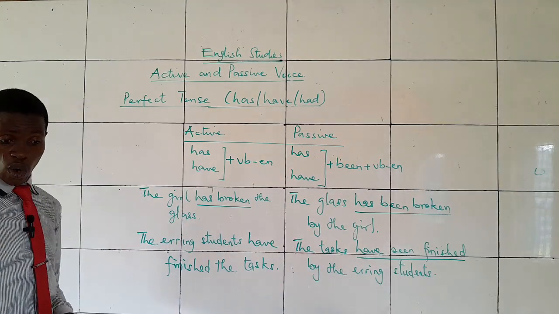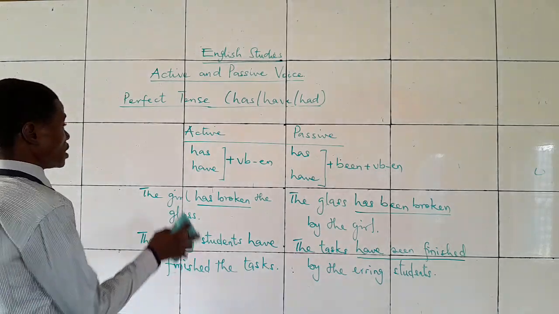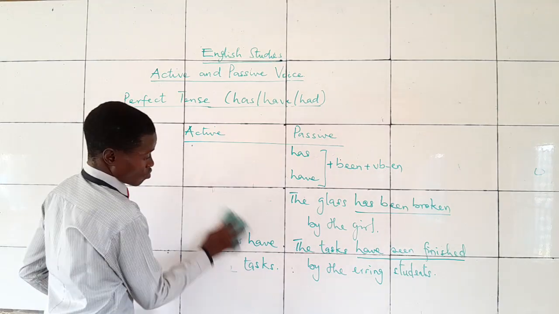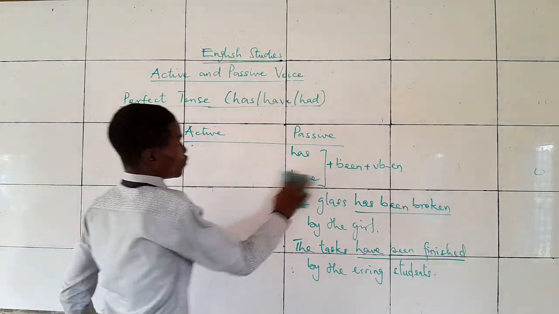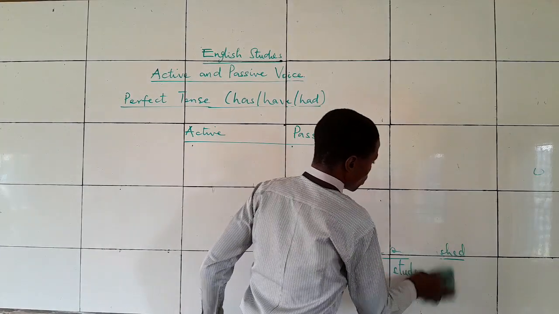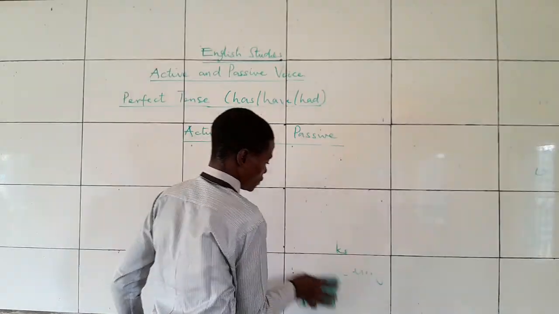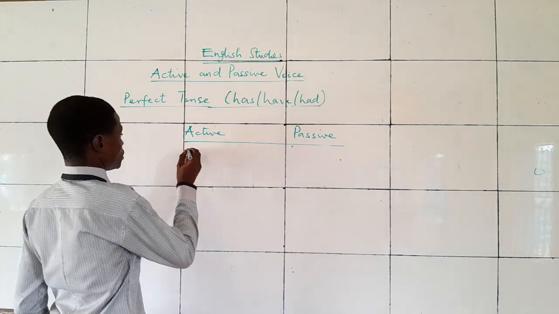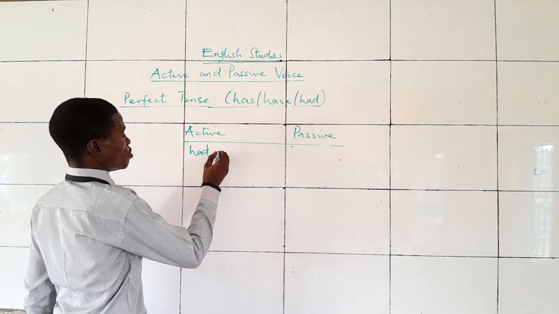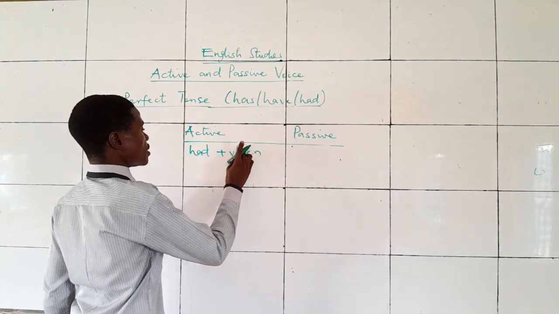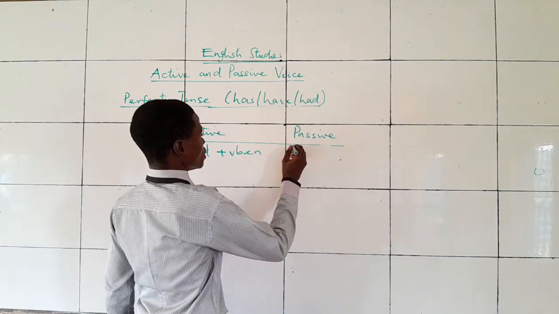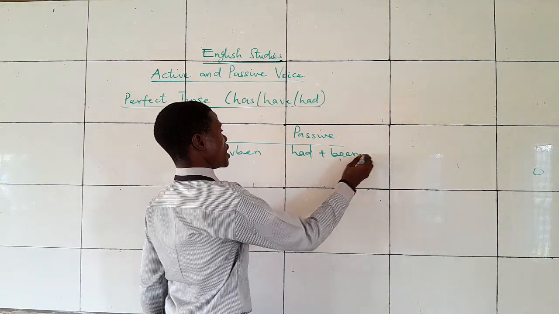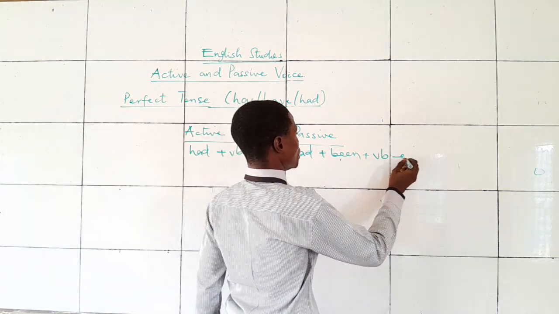Now, the next one that looks like that is how to convert the past perfect. If you want to convert the past perfect to passive, we have had plus been plus verb en. Now, we repeat the had again, plus been plus verb en.